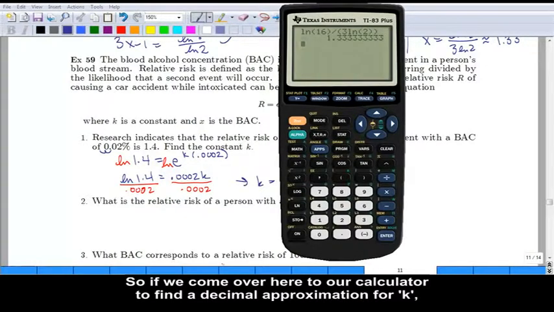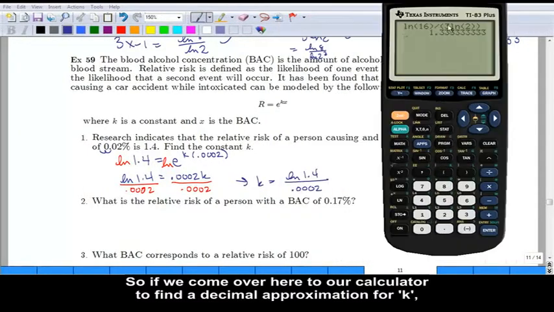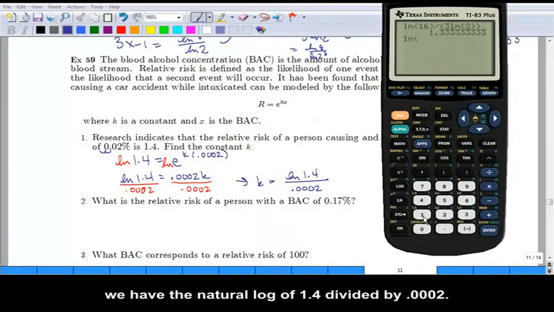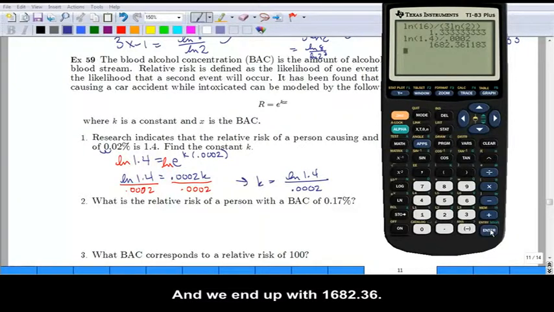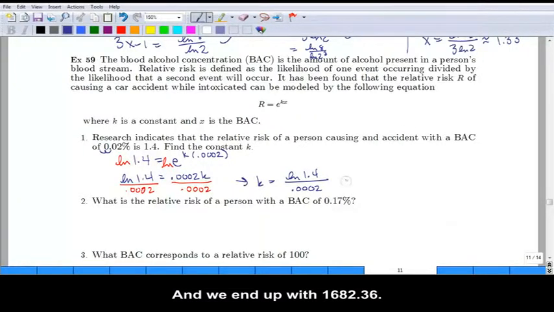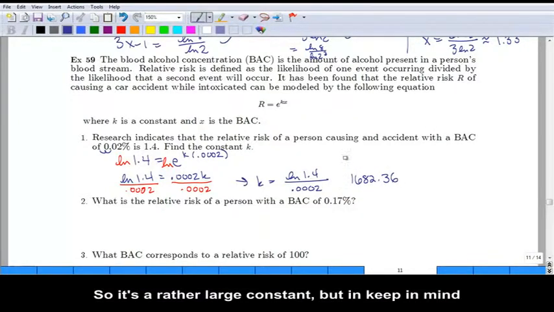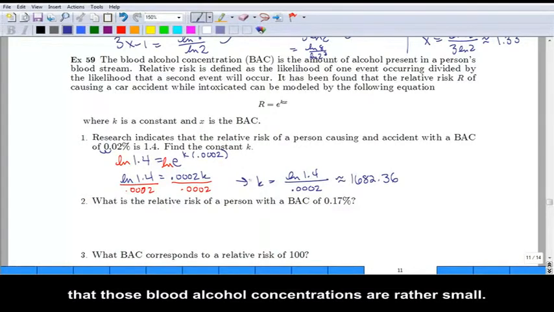So if we come over here to our calculator to find a decimal approximation for k, we have the natural log of 1.4 divided by 0.0002. And we end up with 1682.36. So it's a rather large constant, but keep in mind that the blood alcohol concentration was rather small.